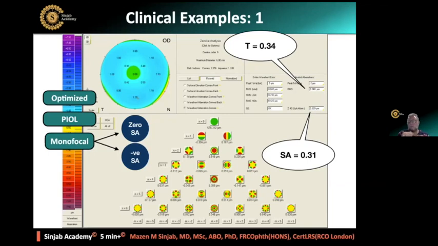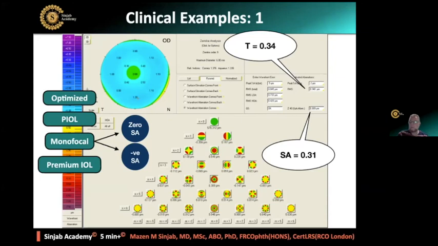Now, if we don't want to keep his depth of focus and we want to give him very sharp vision and get rid of his depth of focus, then we have to compensate for this. How to compensate? We implant a monofocal with negative spherical aberration, for example, minus 0.27 spherical aberration. So it will compensate for this. So he will be very close to zero, very sharp vision, but no depth of focus.